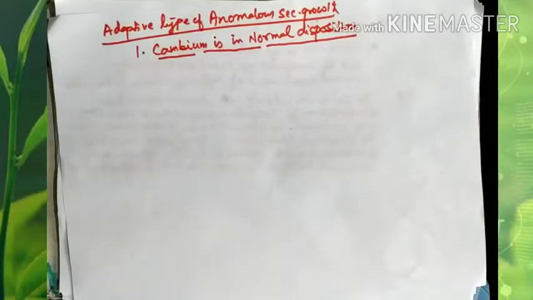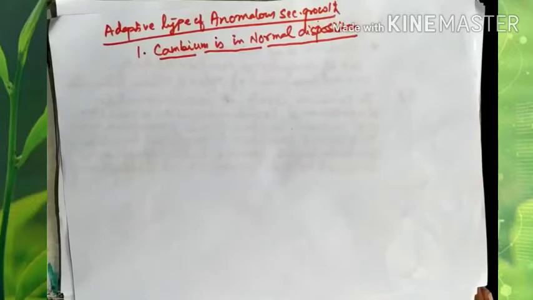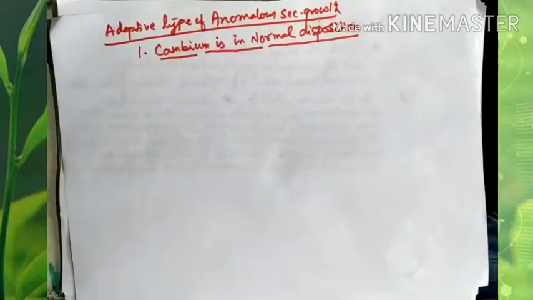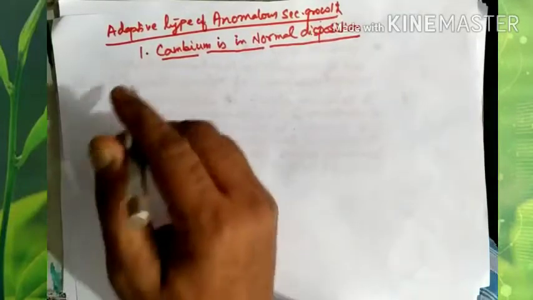Means, it is somewhat different from the normal pattern of the secondary growth, and due to this, peculiar types of structures, ridges and furrows or deep ridges and some other structures may occur. So, one by one, we will discuss what are the different types of abnormal secondary growth in this heading.